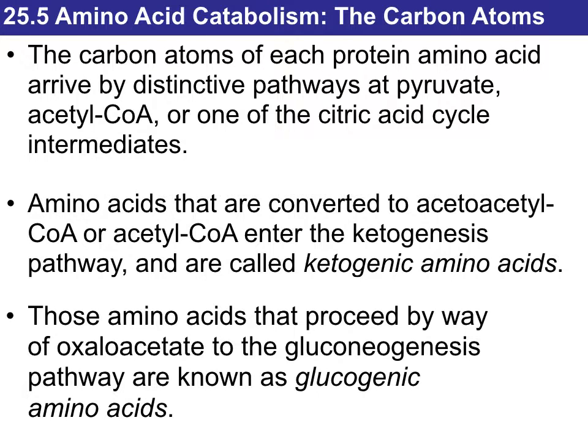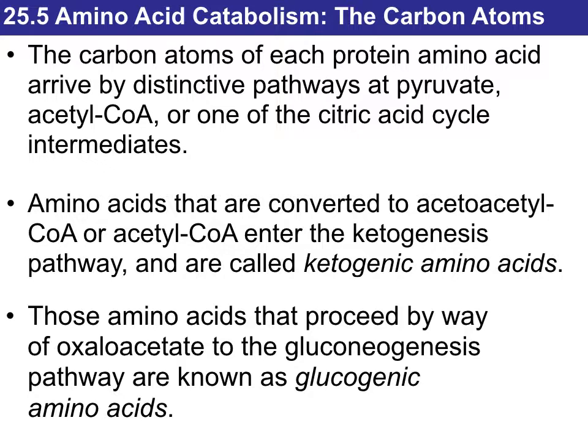But remember, we still have carbon atoms in those proteins. So they can go through distinctive pathways such as pyruvate, acetyl coenzyme A, or one of the intermediates that we find in the citric acid cycle. Amino acids that are converted to acetoacetyl coenzyme A or acetyl coenzyme A enter the ketogenesis pathway, and we call those ketogenic amino acids.